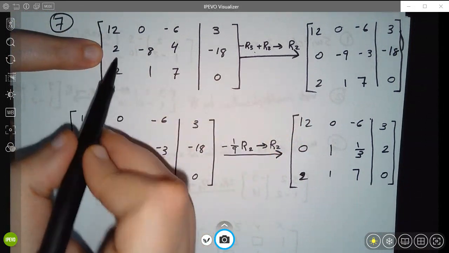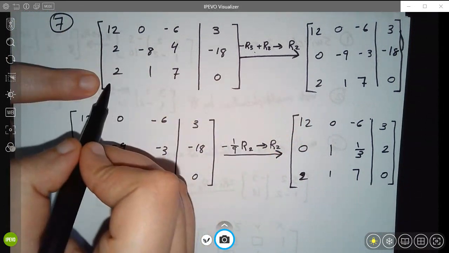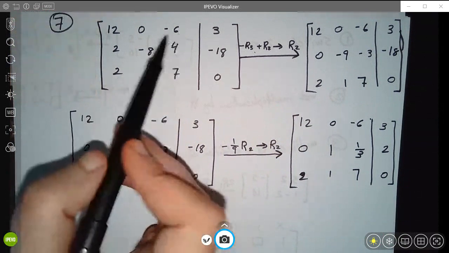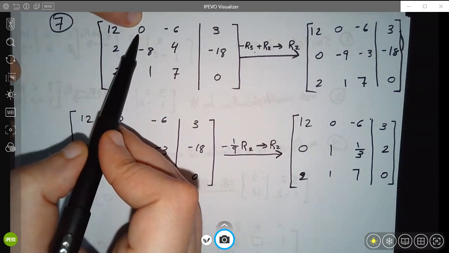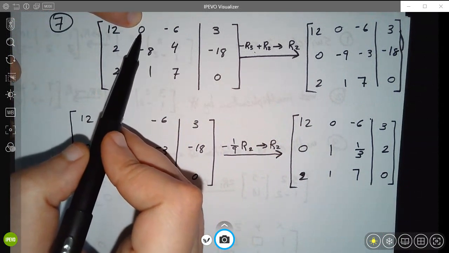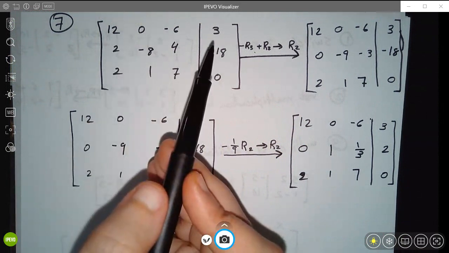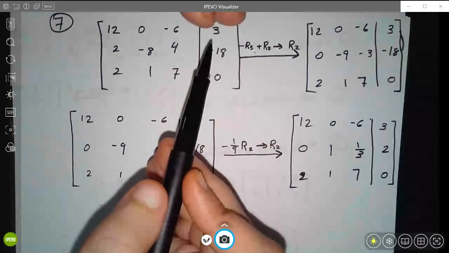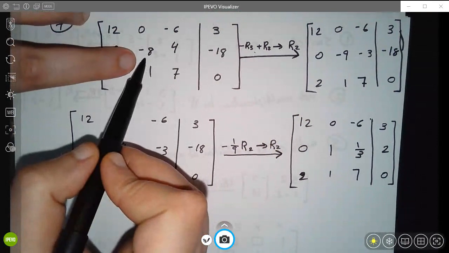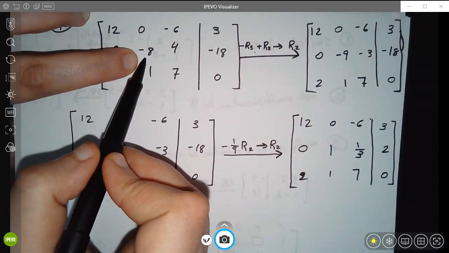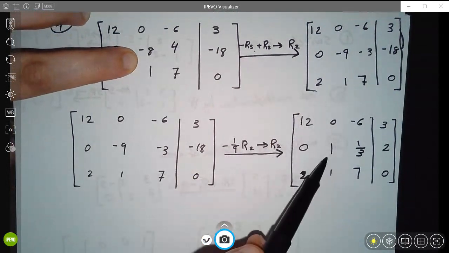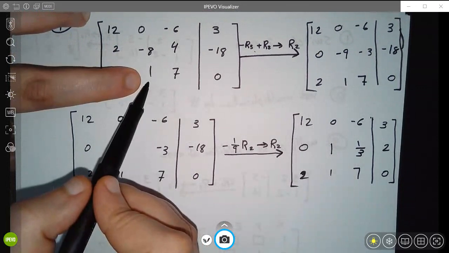You turn this one to a 0, and turn this one into a 0. And then you get here. You either turn this into a 0, or it just ends up being whatever number you get if you don't want to keep simplifying. This one right here has to be a 1, which is what we did. And this one needs to be a 0.